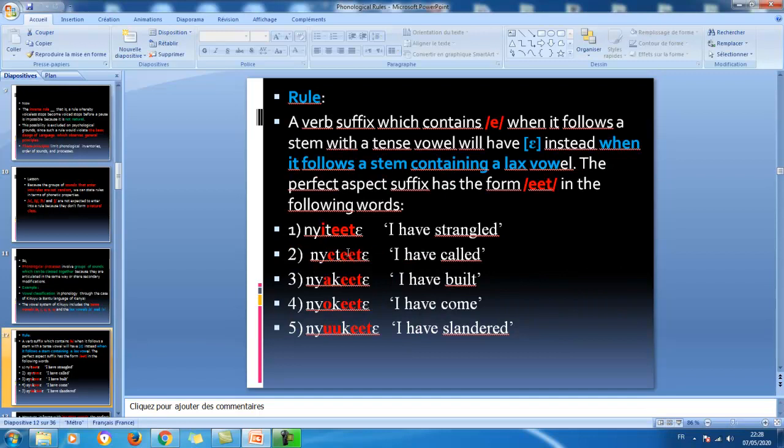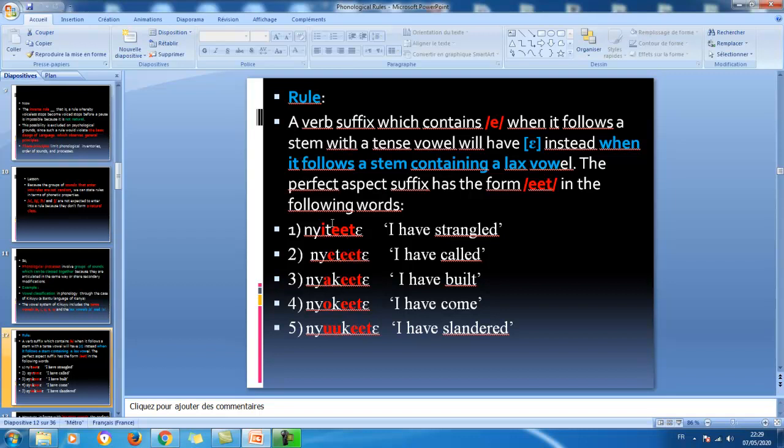In this suffix, the vowel is tense because here we have got another vowel which is tense. Same thing in here. The vowel here is tense in the stem. Therefore, the vowel in the suffix, which indicates the perfect aspect, is also tense. Same thing in here, and same thing in here.